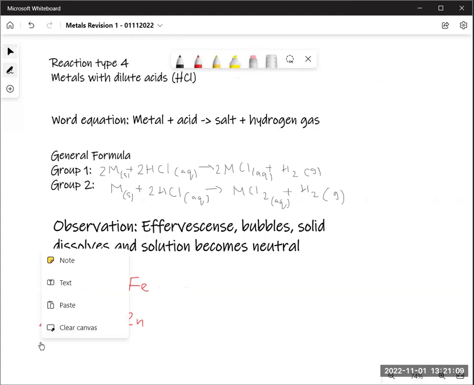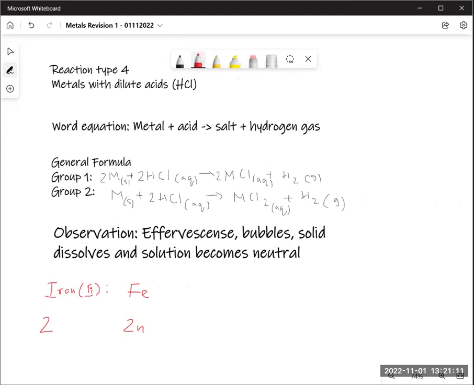This is zinc 2. That 2 right there is telling us the charge of the iron. Fe plus HCl gives us FeCl2, Zn plus HCl gives ZnCl2 plus H2 gas.